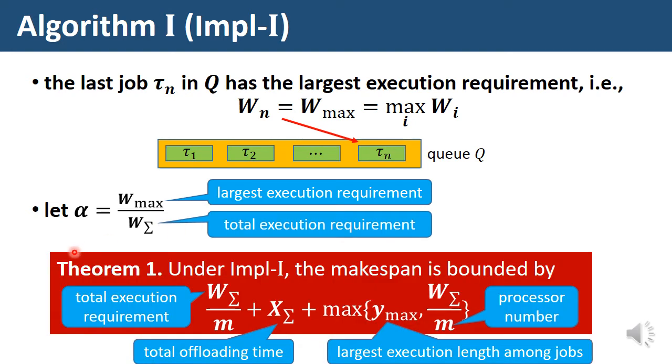Under this implementation, we can bound the makespan as follows, where W sigma is the total execution requirement, X sigma is the total offloading time, Y max is the largest execution length among all jobs, and m is the processor number.